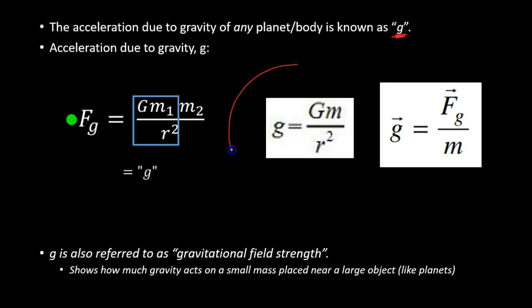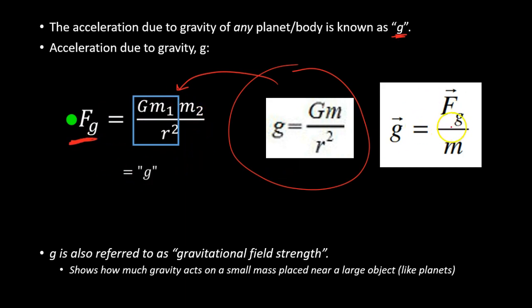And so on the old AP Physics exam, they gave you the equation in this form, which is exactly this right here. However, on the AP Physics 1 equation sheet, they're doing something a little different. They're representing g, even though it's meaning the same thing, as the force of gravity, this thing, divided by m. But it matches, right? g is this blue box here. If I solve for this blue box, I would take Fg and divide by m2.